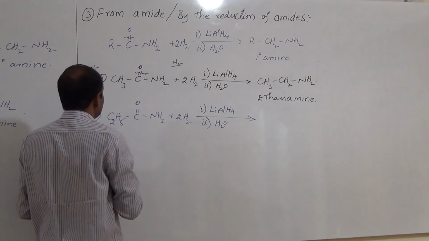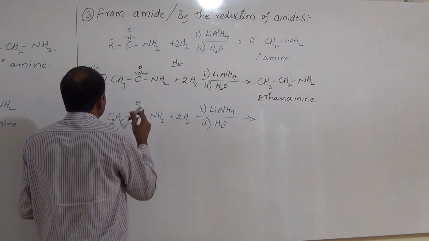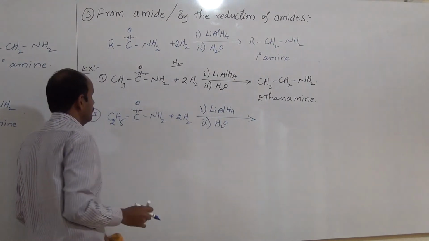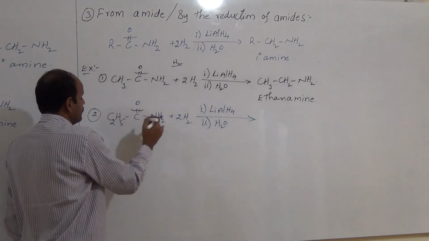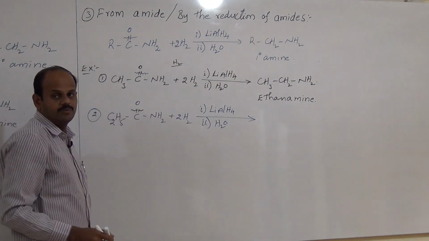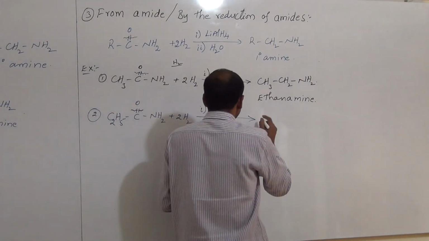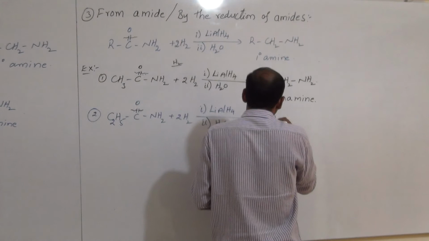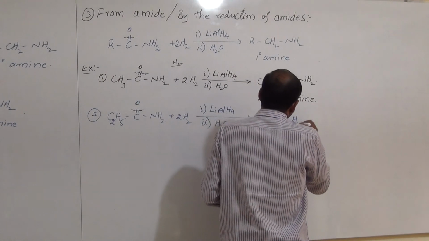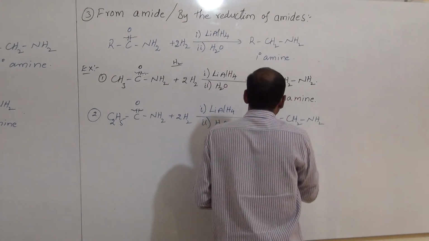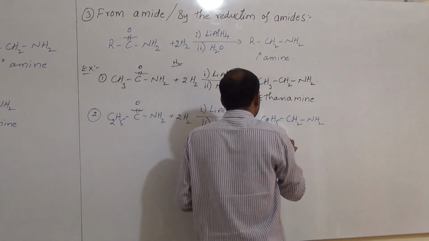Here bonds break down, and two hydrogens and one oxygen are removed as H2O, remaining two hydrogens are attached on carbon. Thus we get C2H5CH2NH2. So it is the propylamine.